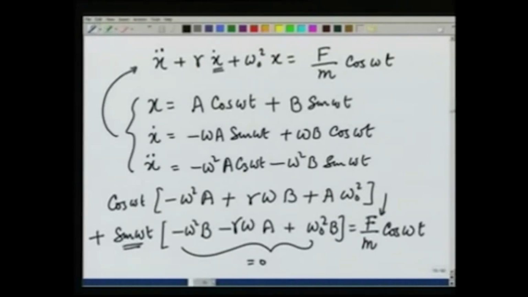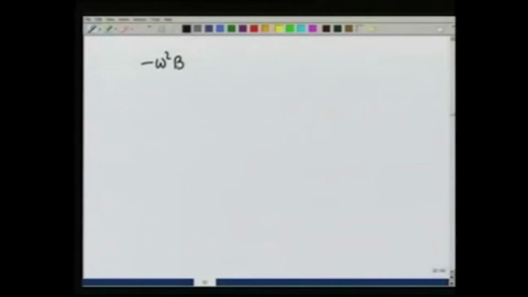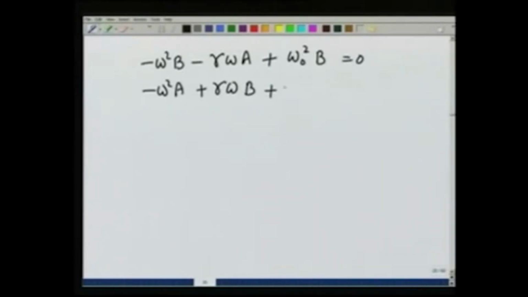So, we have minus omega square b minus gamma omega a plus omega naught square b is equal to 0, and we have minus omega square a plus gamma omega b plus omega naught square a is equal to F over m.